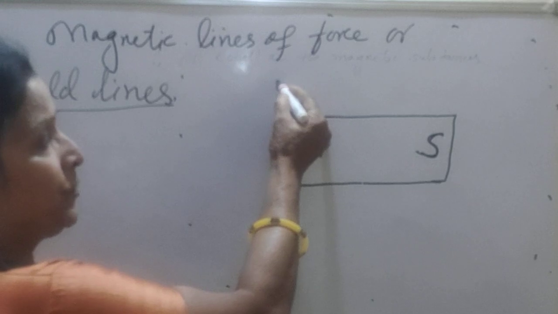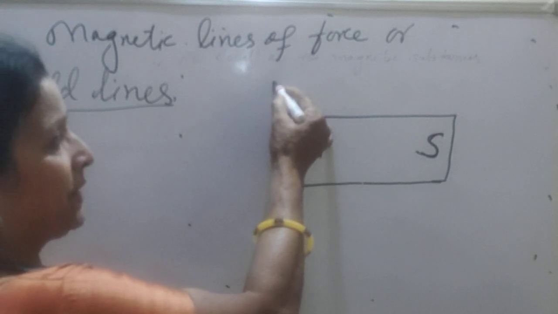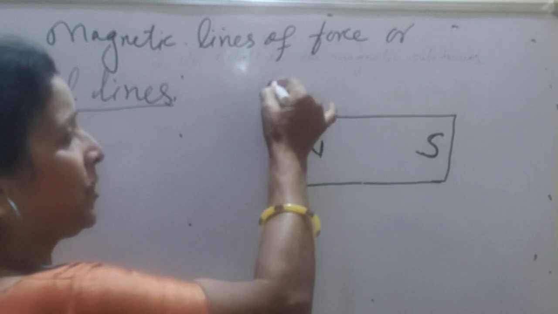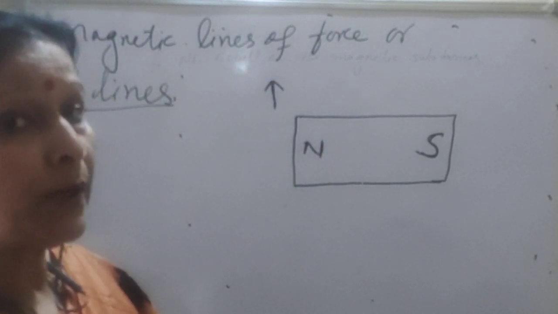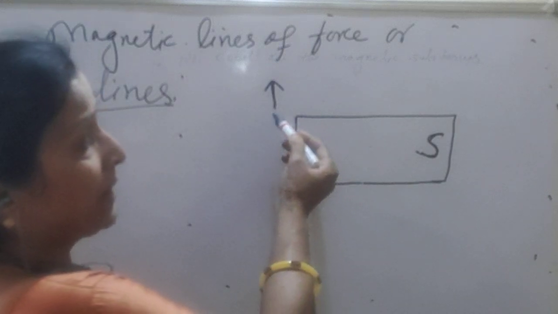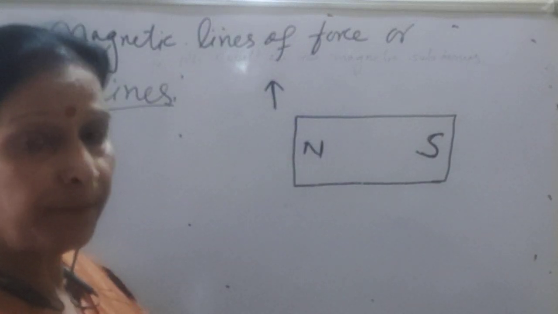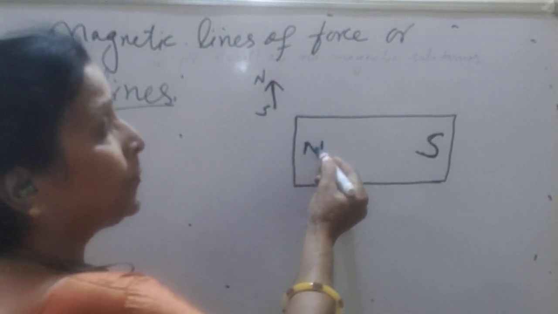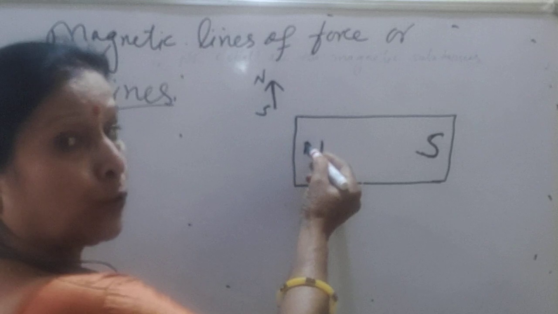Suppose we keep the magnetic needle here near the north pole of the magnet. The arrow will represent the north pole of the magnetic needle. The north pole of this magnet will attract the south pole of this magnetic needle. This is the south pole and this is the north pole.